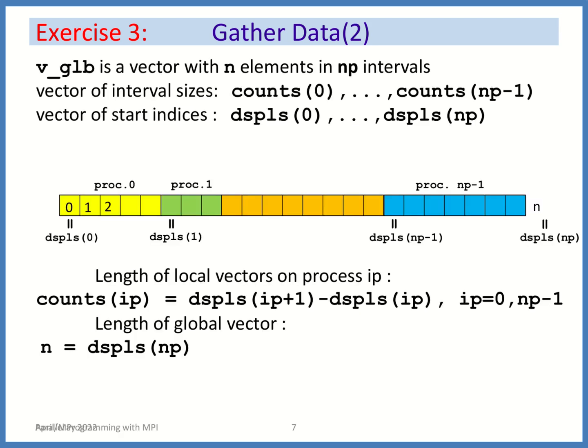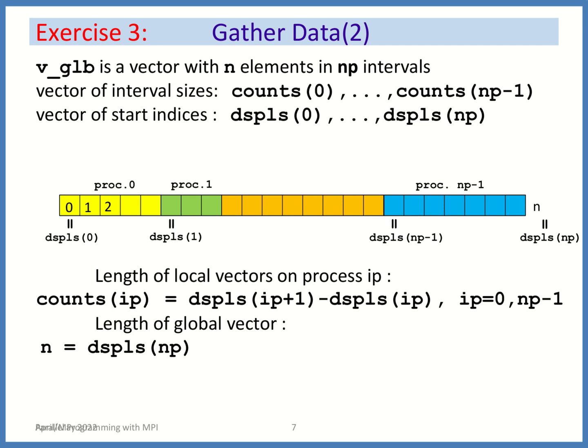And we have a global array, a global vector of one dimension, which will have n elements, and NP, the number of process intervals. So this global vector consists of pieces with lengths depending on the length of the local pieces to be collected.